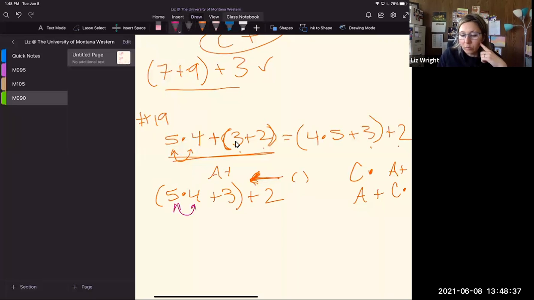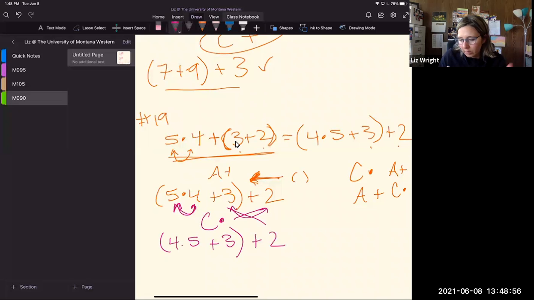It's a totally legal move because it's all within parentheses. I'm not ripping it out like that. That would be illegal. You cannot do that move in math class, but you can totally change them around within parentheses. So then we're going to go 4 times 5 plus 3, this is the commutative of multiplication, plus 2. Did that work? Everything seemed to check out? Yes. So that one worked.